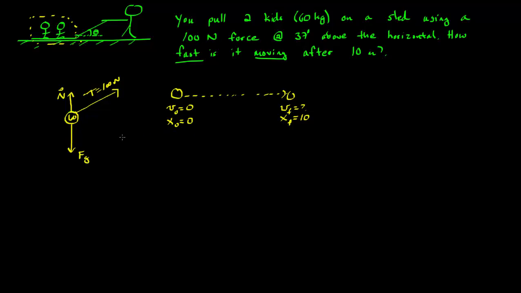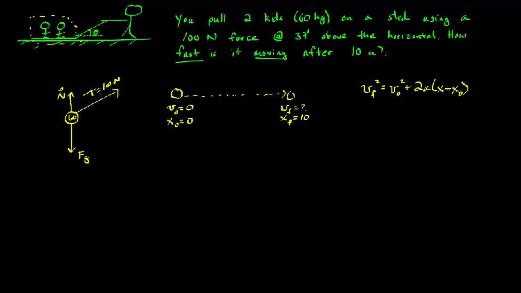All right, so since it starts at rest and it achieves some velocity, it's going to have acceleration. And we have distance, so we don't have time. So let's go ahead and get a quick kinematic. My final velocity squared is going to be the initial velocity squared plus 2a times x minus x naught.